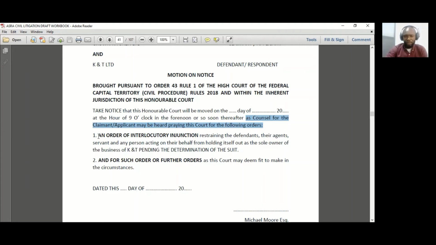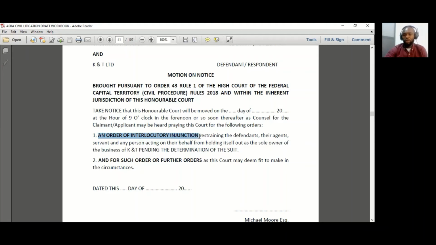Now, you see the order that's being prayed here. It says an order of interlocutory injunction. All right. If this was an interim injunction you're applying for, you say an order of interim injunction. All right. If this was an order of mandamus you're asking the court for, you say an order of mandamus, depending on what you're asking the court for.